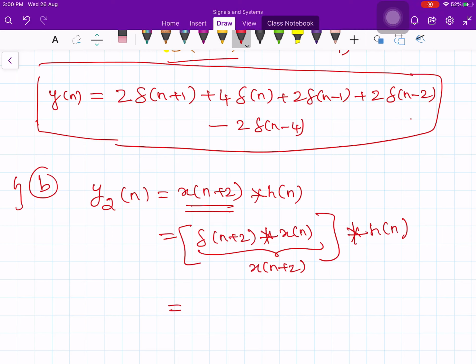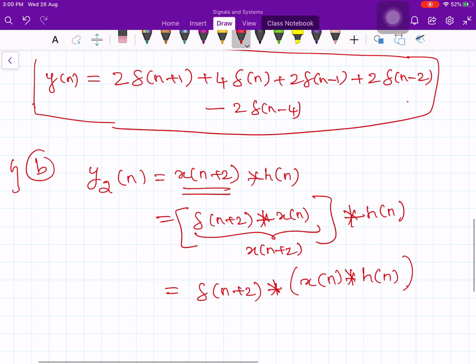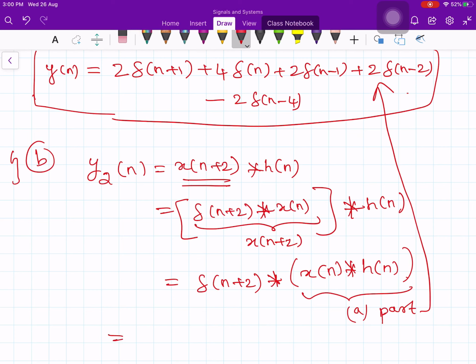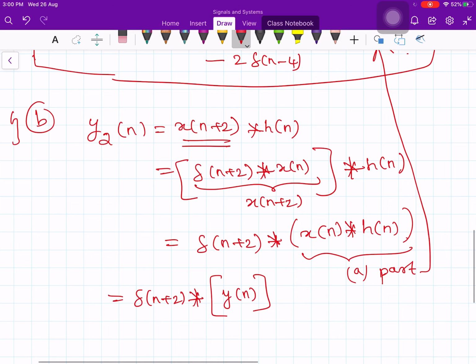Del of n plus 2 convolved with, first you finish this convolution, x of n convolved with h of n, like this. Now this we have already done in the A part, and which is this. Okay, just write down that. So del of n plus 2 convolved with the whole thing, your y of n. Okay, y1 of n, in fact this is y1 of n, right?